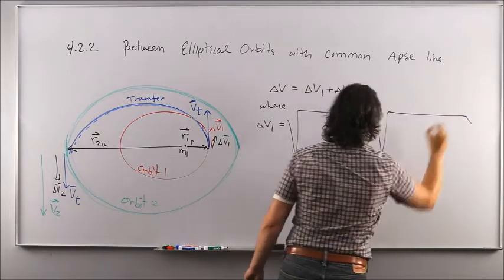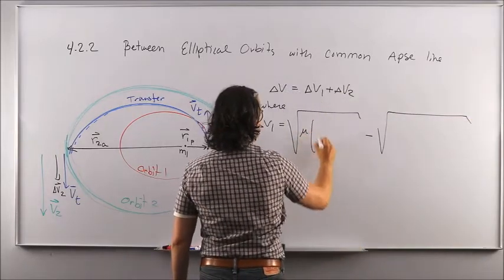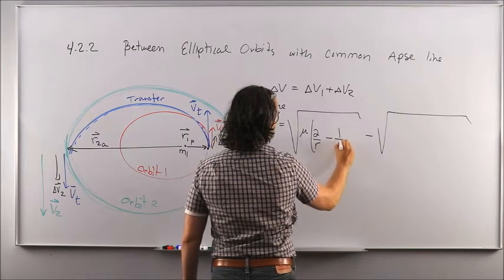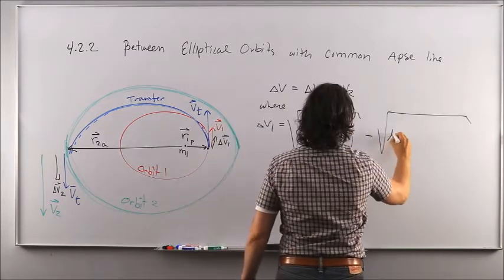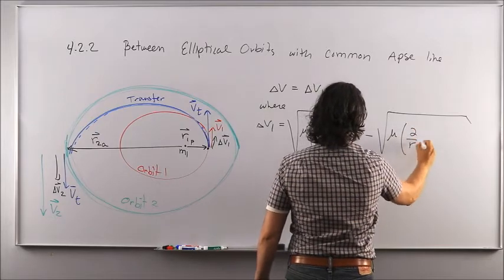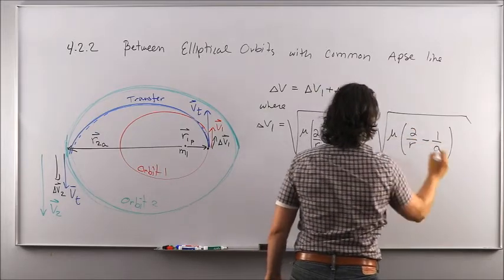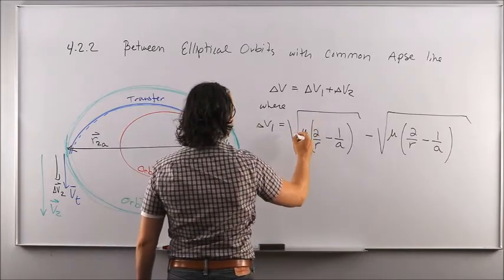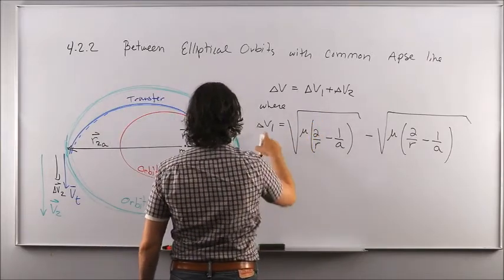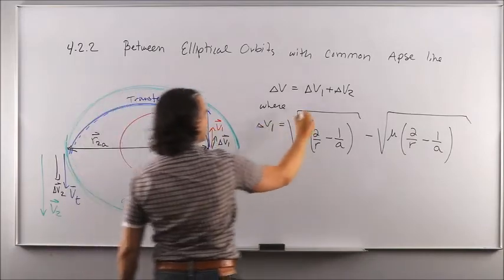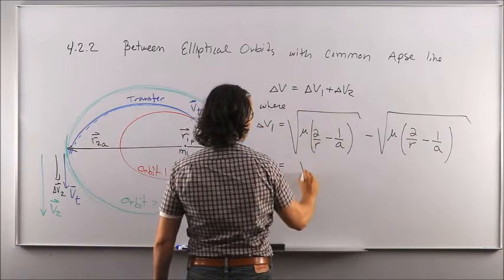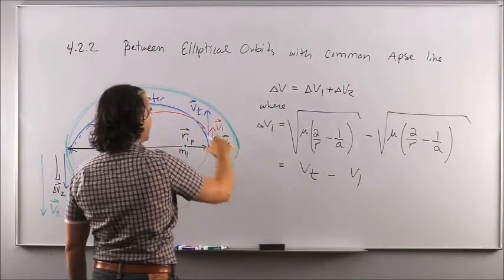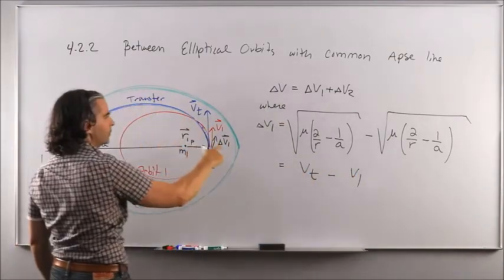Now there are no circular orbits involved, so it's going to be 2 over R minus 1 over A, and this 2 times. But obviously those 2 terms aren't exactly equal because I kind of skipped a step. But delta V1 was Vt minus V1. So Vt is the transfer orbit in blue.